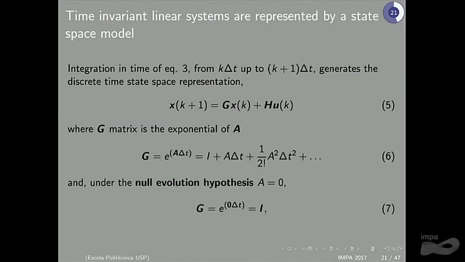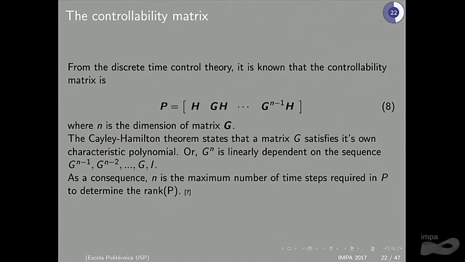And running this equation 5 a couple of times under null initial conditions and relating the state with the history of excitation U, we find a matrix that's called the controllability matrix.